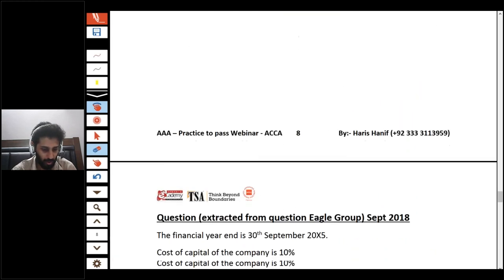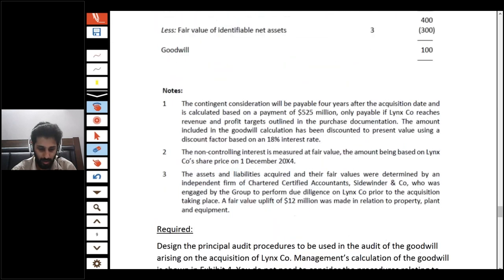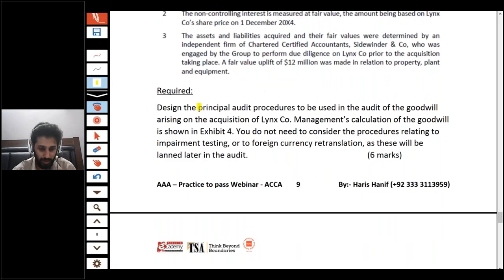All right, this is the answer which is already written here. Now let's come to the next question. It's for 6 marks. Design the principal audit procedures to be used in the audit of goodwill arising on the acquisition of Links company. Management's calculation of goodwill is shown in the exhibit. You do not need to consider the procedures related to impairment testing.